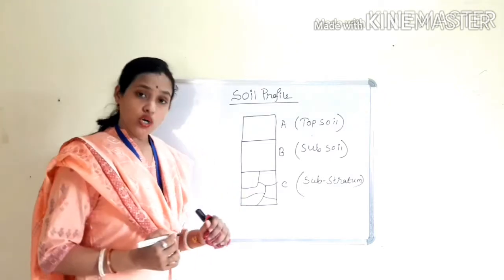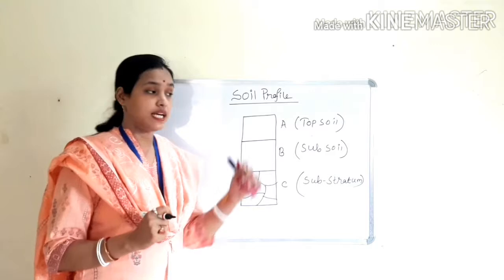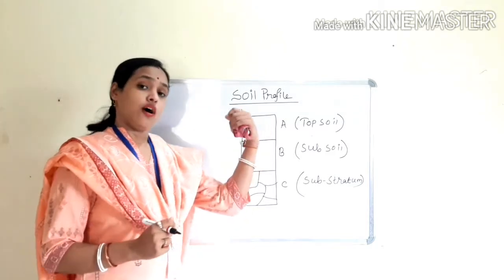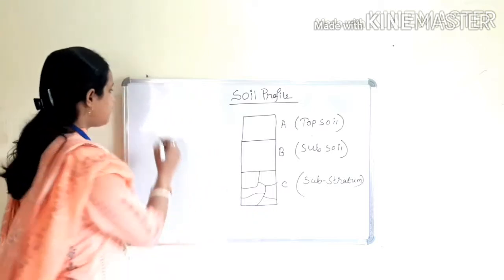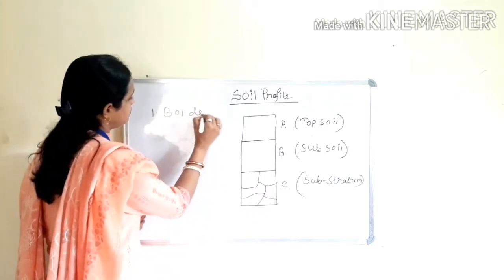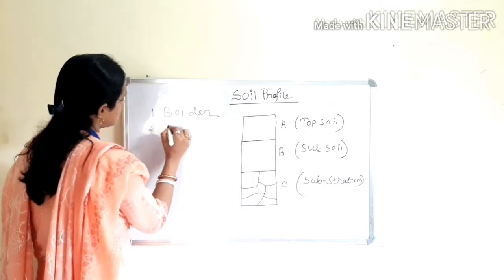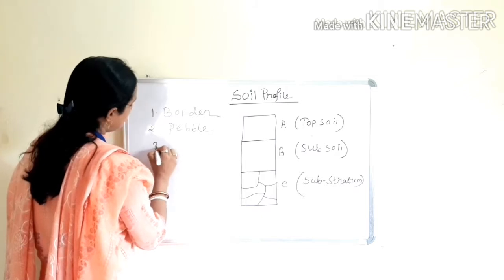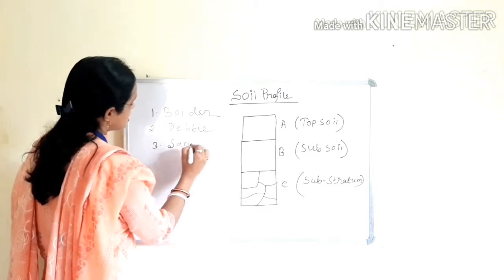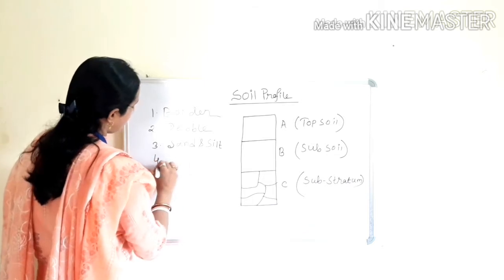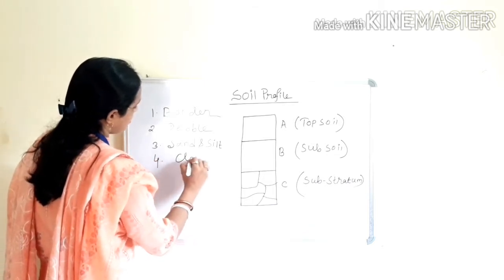Now students, here I am dividing all the breakdown materials on the basis of rock size. First one is boulder, second one is pebble, third one is sand and silt, and fourth one is clay.